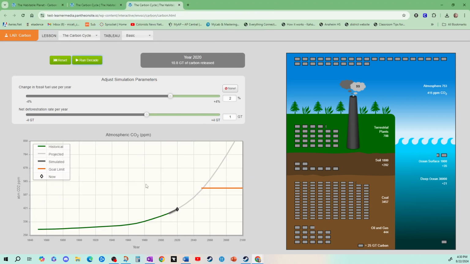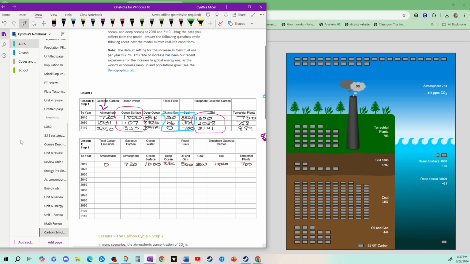So the next decade, which is 2020, now we're going to fill that into our graph. So smokestack now has 99. The atmosphere is now 753. Ocean surface is 1035. Remember, we're just going to add this together.